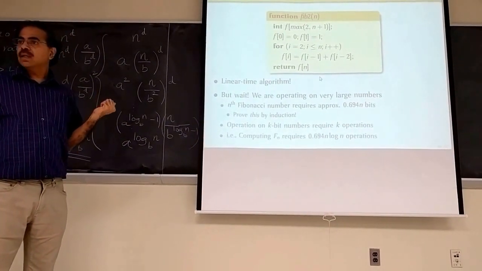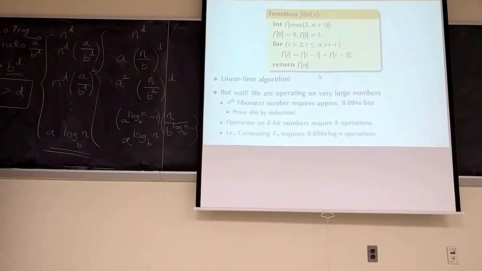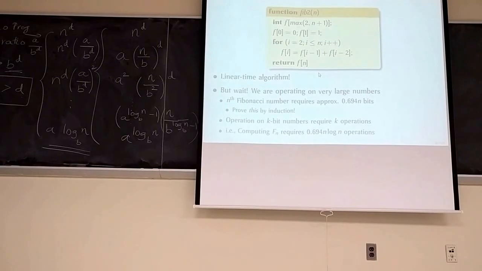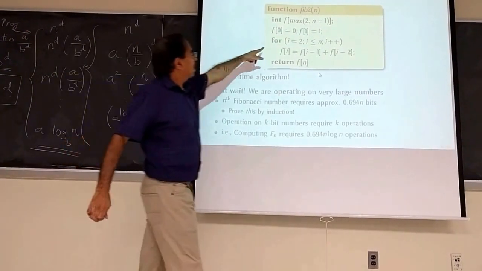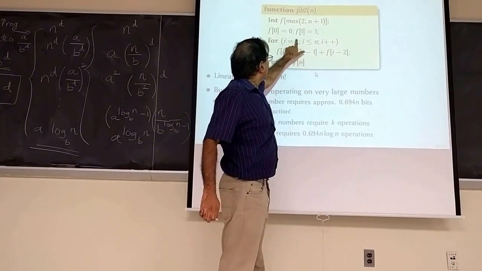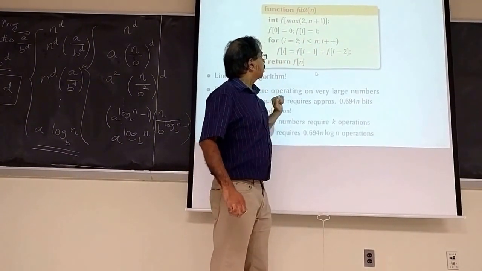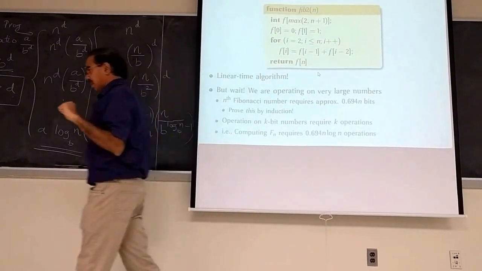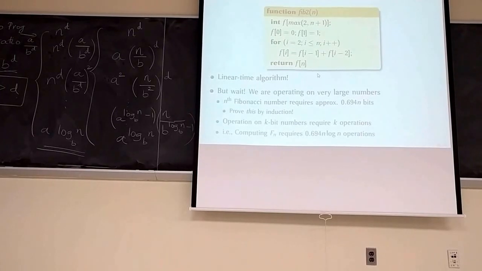So what is the complexity of this algorithm? It's obviously linear, right? So we just have one loop, and the loop is linear in size n. Therefore, this whole thing is going to take linear time, except that there is a catch.